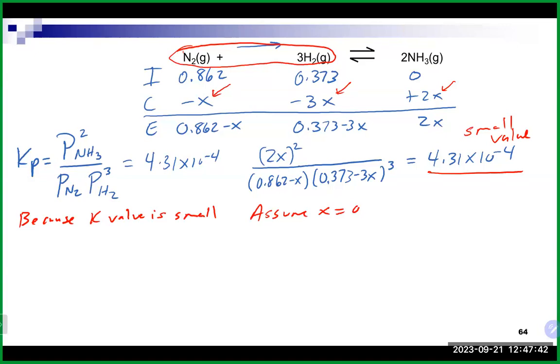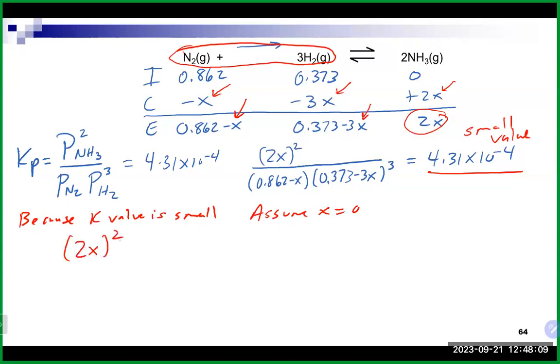But it is all the x's that we would be subtracting from a number that we're going to assume is equal to 0. We don't assume this one's equal to 0 because it started at 0, so anything that you get above 0 is pretty significant. That's why we don't assume that one is 0, otherwise we have nothing to solve for. So that's going to make our math hopefully a little bit easier.